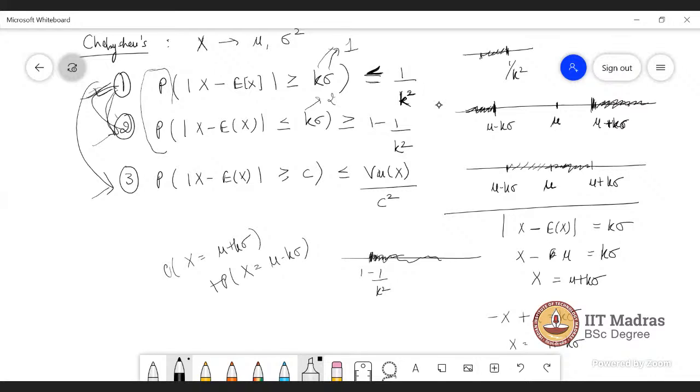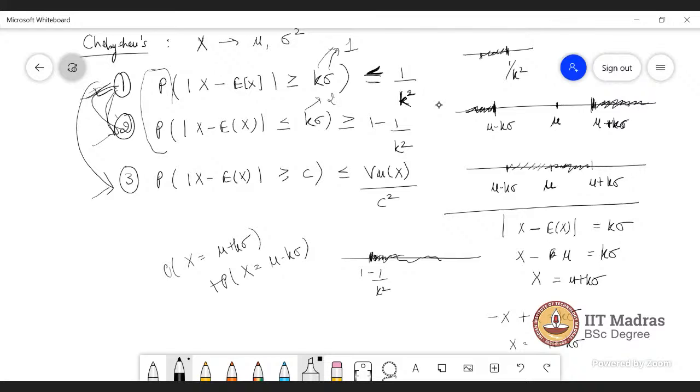His question is, if both inequalities involve equal to, then 1 upon k square is not equal to 1 minus 1 upon k square. So it will be possible only if k is equal to root 2. Only in that scenario this will happen.